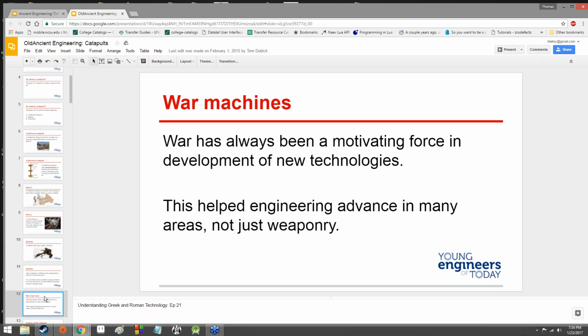So yeah, unfortunately, war has always been a motivating force in the development of new technologies, and that's still true into today. That has always been one of the things that war can provide.